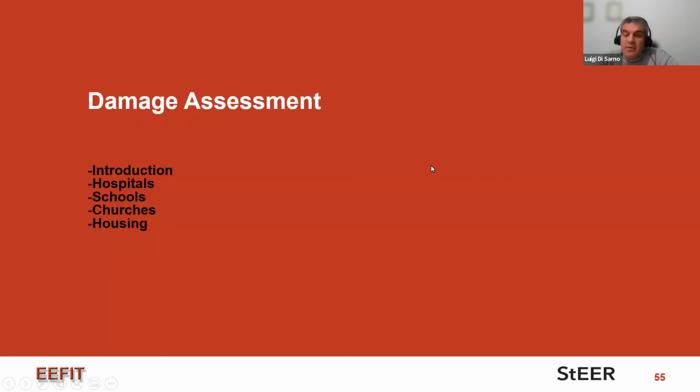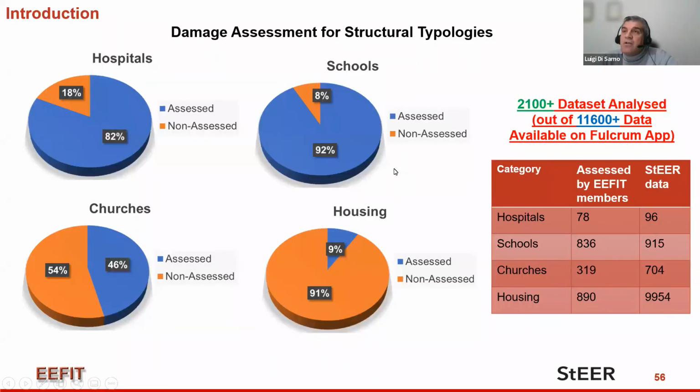In particular, we have been assessing, as shown in the next slides, hospitals and schools as critical facilities that are very important for rescue operations and also for the operation of the communities, but we have also focused on churches that can be used as shelters, as structures where people can be allocated after a major natural event.